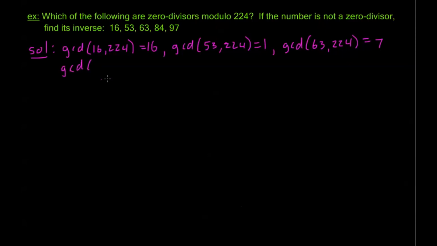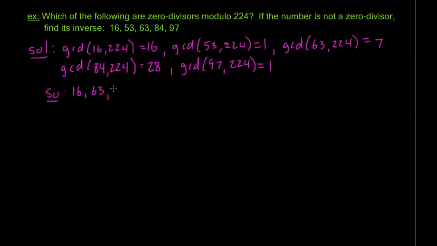The GCD of 84 and 224 is equal to 28. And the GCD of 97 and 224 is equal to 1. So, from our theorem, 16, 63, and 84 are zero divisors.